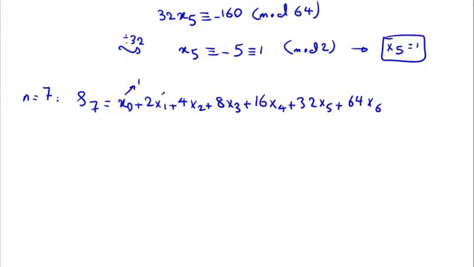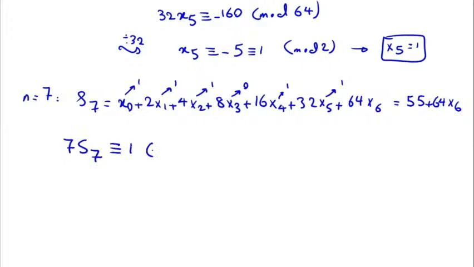So x0 is 1, x1 is 1, x2 is 1, x3 is 0, x4 is 1, x5 is 1, and x6 we want to calculate. So it will be 7 plus 16, 23 plus 32, which will be 55, plus 64x6, and 7s7 mod 128 should be 1.